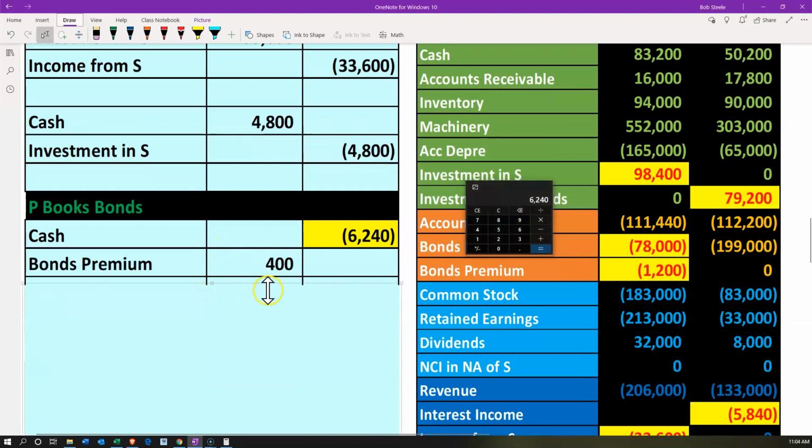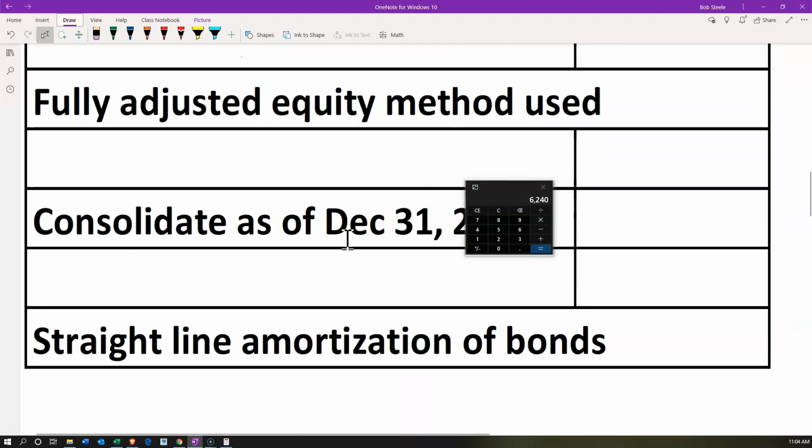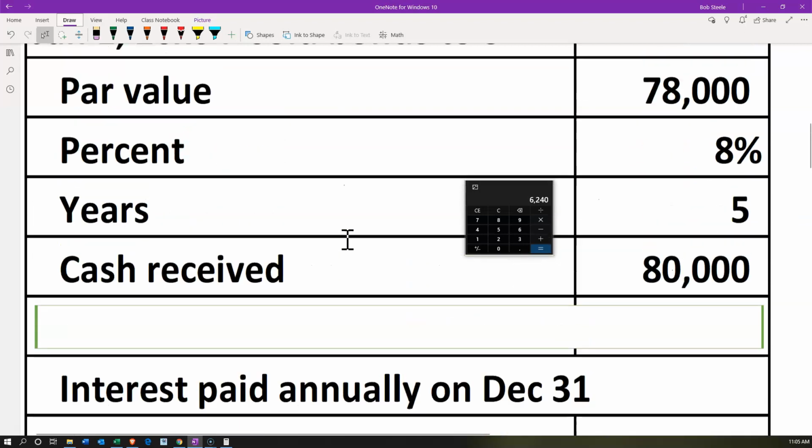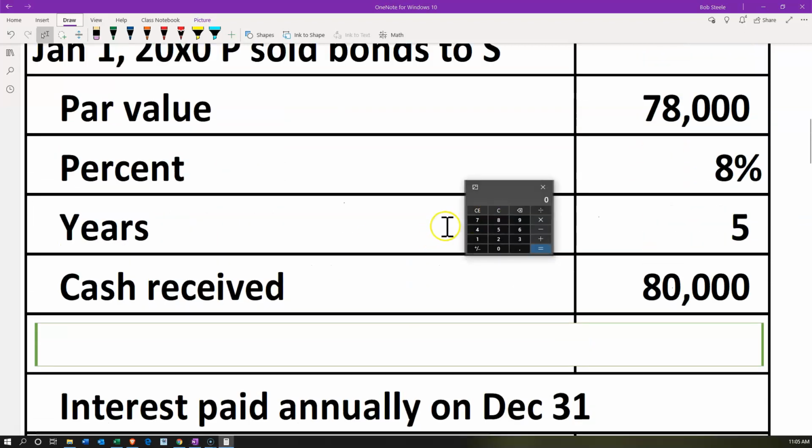Then we have the bond premium. Now, the bond premium is on the books as a credit, and we're going to bring it down using a straight line method. It needs to be 0 at the end of the life of the bond. So we're, in essence, going to use a kind of depreciation type of method, straight line method here. The original amount of the premium was 80,000 minus 78,000.